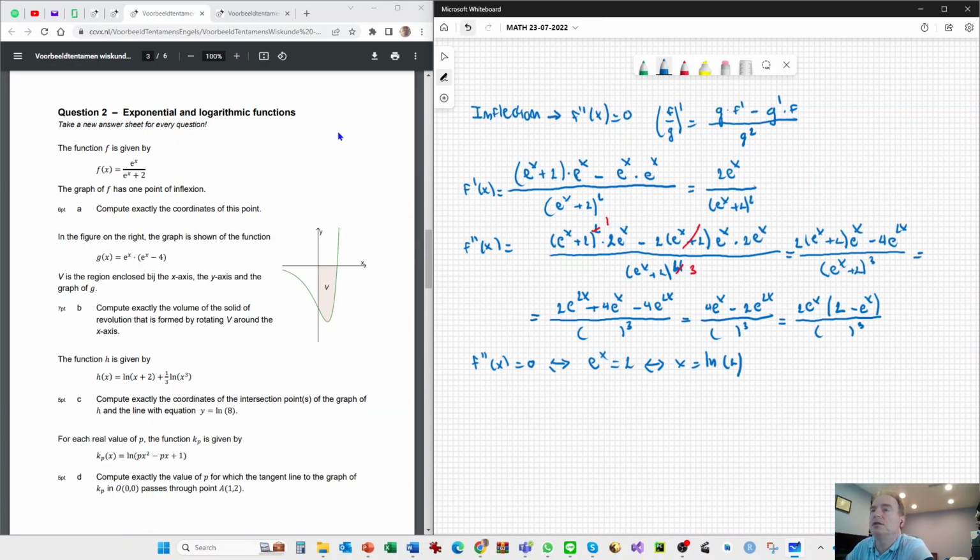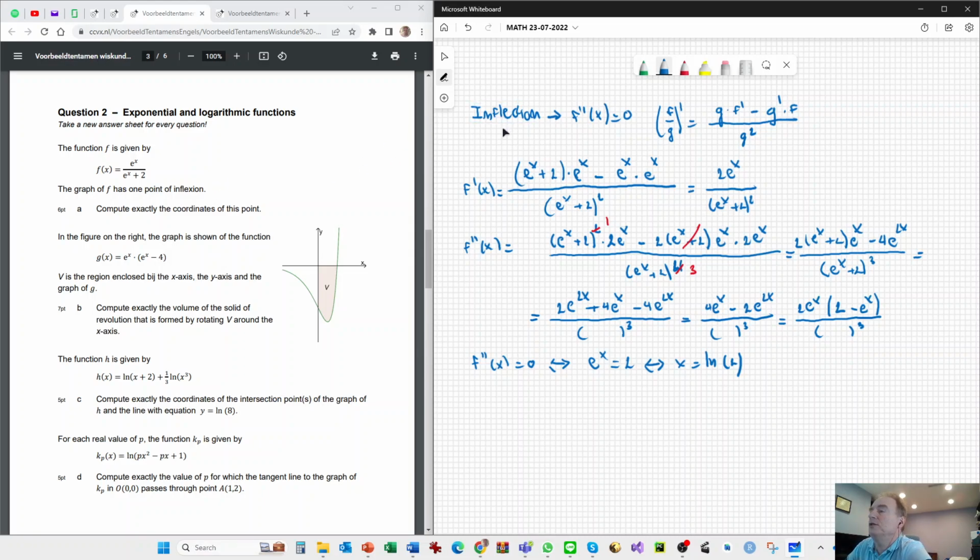Now, you would still need to check that this is an extreme to show that it's an inflection point, but since they already tell you it has one, we actually don't need to do it, since it's a given.